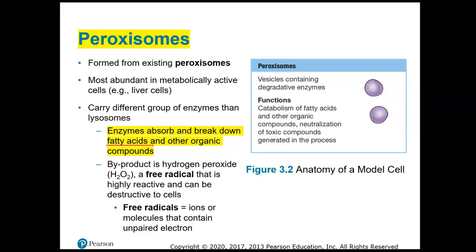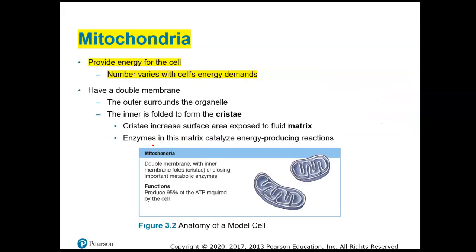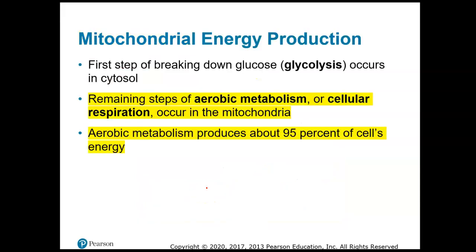So peroxisomes and lysosomes are breakdown vesicles, but peroxisomes are just mainly for fatty acids, whereas lysosomes are for just about anything. Mitochondria is where the ATP is synthesized. This is where cellular respiration occurs.